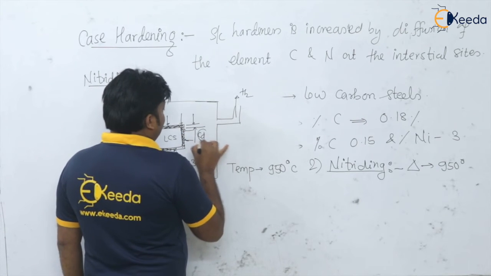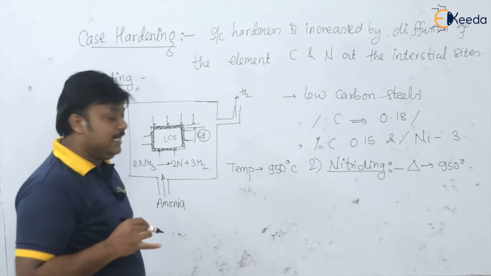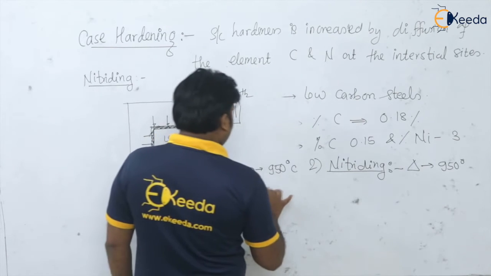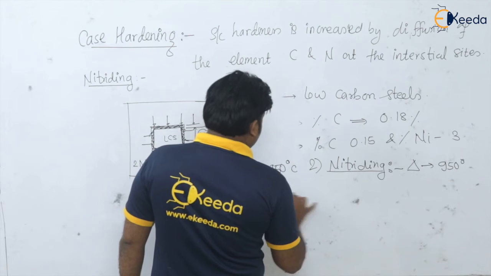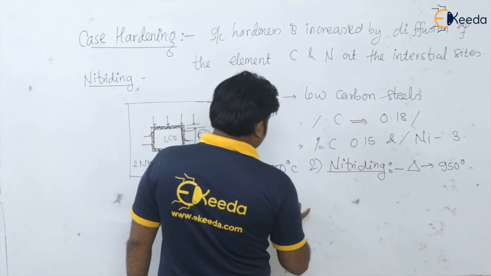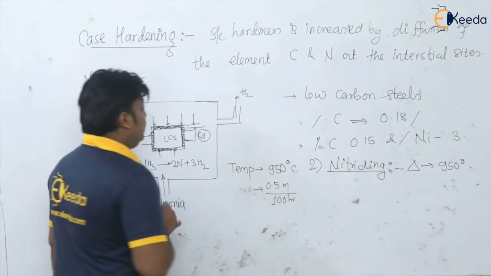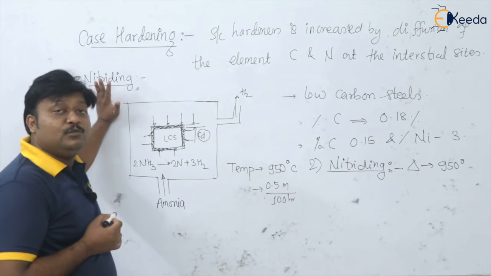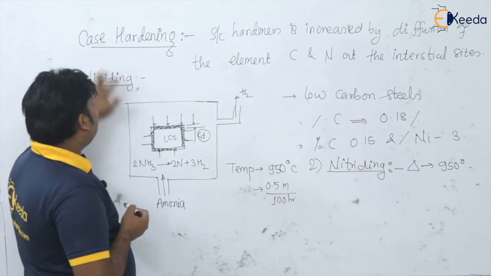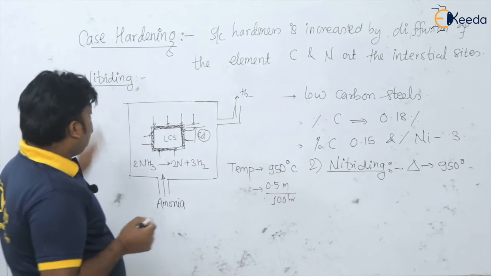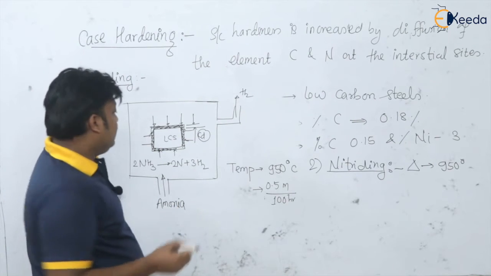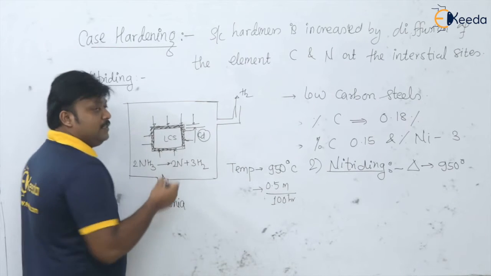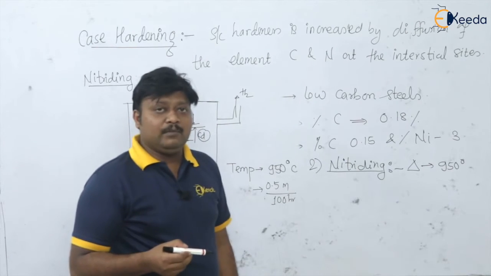If you look at the value for this case depth in the case of nitriding, so it is around again 0.5 meter but per 100 R. This is the case depth that we are going to get in case of this nitriding, isn't it? So as like in carburizing, this layer was made up of the iron carbide.